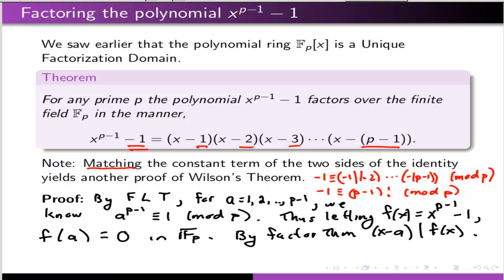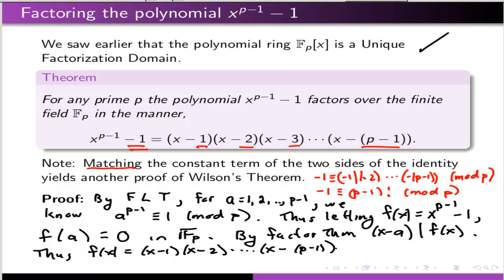And since distinct a give distinct factors in this unique factorization domain, F_p[x] being a unique factorization domain, f of x has the factor x minus 1. It's going to also have a factor x minus 2 all the way up to x minus (p minus 1).